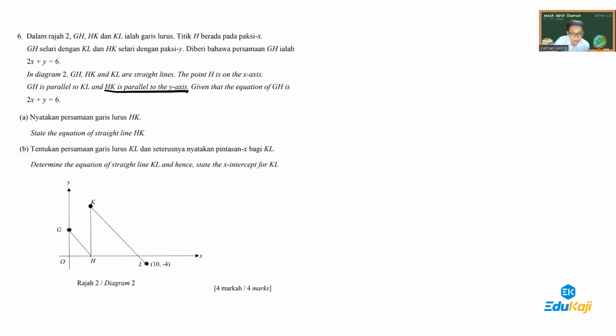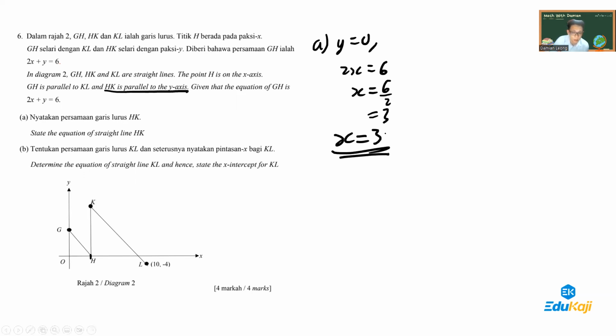So let's find the value of x here, when y equals 0 on GH. So for part A, y equals 0, 2x equals 6, x will be 3. 6 divided by 2, 3. Which means the equation of HK is just x equals 3.